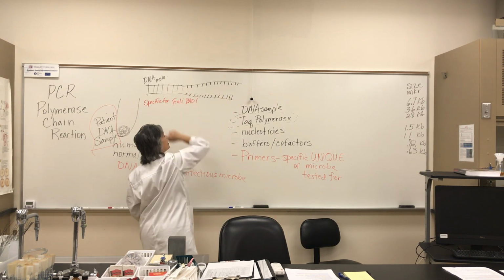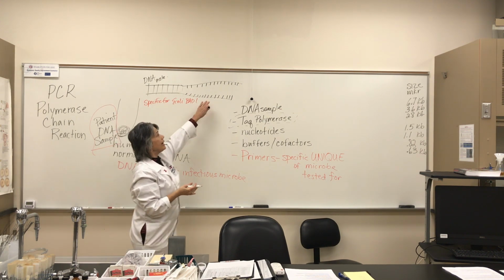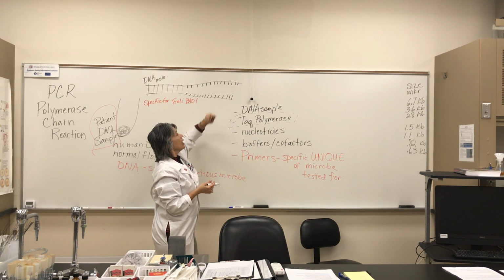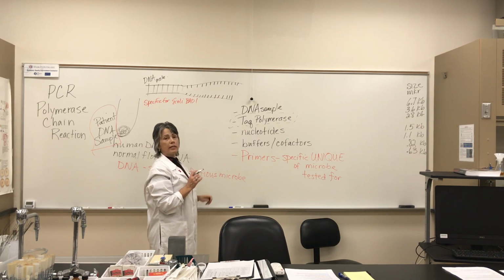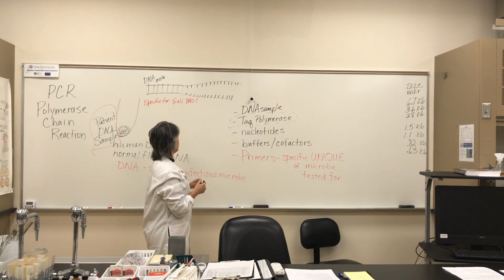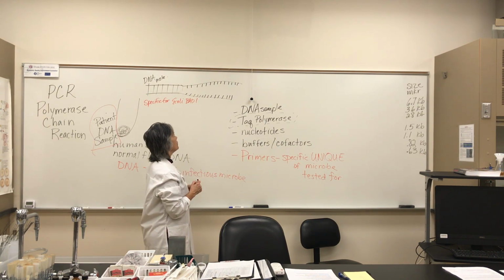So we've got a double-stranded DNA molecule. DNA likes to be double-stranded. If you heat it up, the hydrogen bonds between the nucleotides will break open, and you'll get single strands of DNA. At that point, our primers, what the heck are primers?